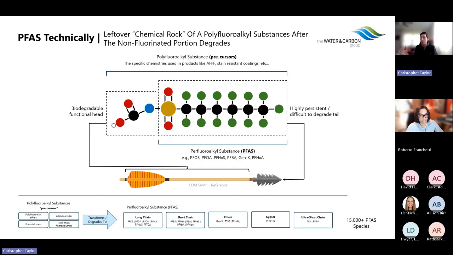PFOA and PFOS are pretty common types of PFAS compounds that you may have heard before. Those are at 8, so that's actually considered a long chain compound. That could almost be considered like an arrowhead with a lot of barbs. And the reason you'd have multiple barbs on an arrowhead is that when you shoot something, it's going to stay within the target longer, right? It'll be harder to remove.